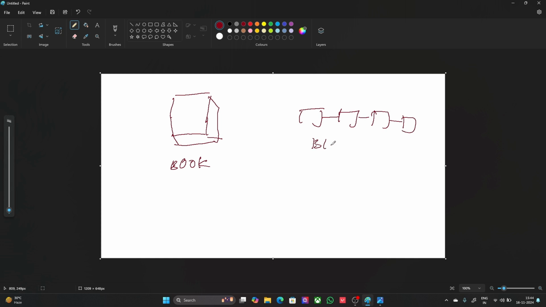If you think of a book as a blockchain, just forgive my drawing skills, those are not up to the mark. So if you think this is a book and this is our blockchain, then the pages in the book are equivalent to the blocks.